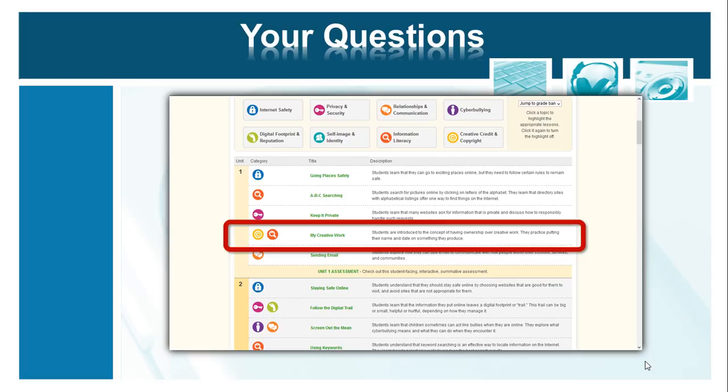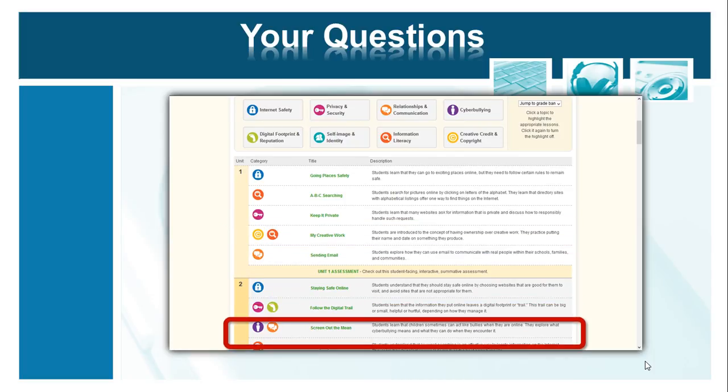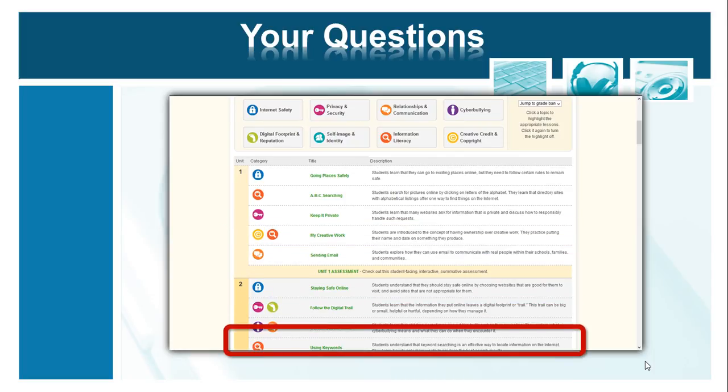And this is one of the precursors of being able to understand that websites are created by people and that we need to understand whether these are qualified people to be talking about what they're talking about. And also, for example, using keywords.